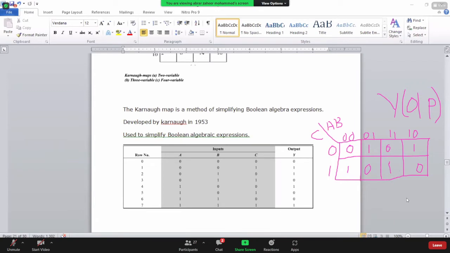Now I will give you one expression and you have to solve it by using the K-map.